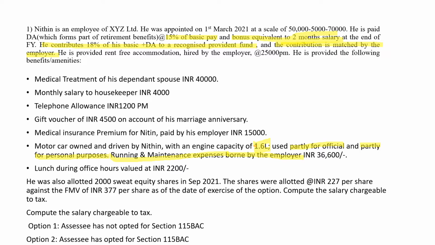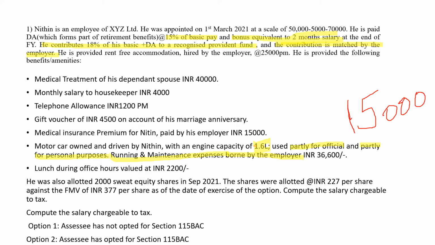The amount which is taxable is only 15,000 as per our knowledge. 15,000, this we need to remember. And this is the taxable allowance. Even though they have given 36,600 here, according to a certain rule, we need to take the 15,000 amount.